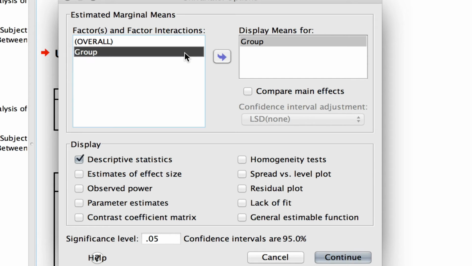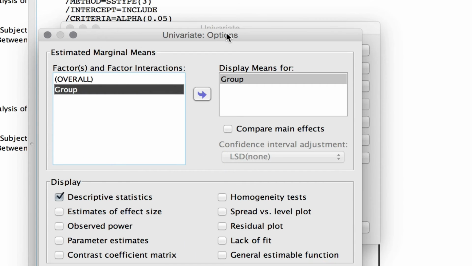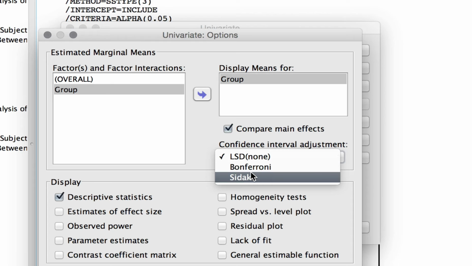Now, we can't do regular post-hoc tests through the post-hoc option on an ANCOVA. Actually, if we look, our post-hoc option has been grayed out. You can't do just regular post-hoc tests on the estimated marginal means, but if you've got more than two groups and a covariate that you're adjusting for, you still need some way of knowing if there's a difference between your groups. So that's what this compare main effects option is for, because there are some simpler post-hoc tests, mainly a Bonferroni and a Sidak.